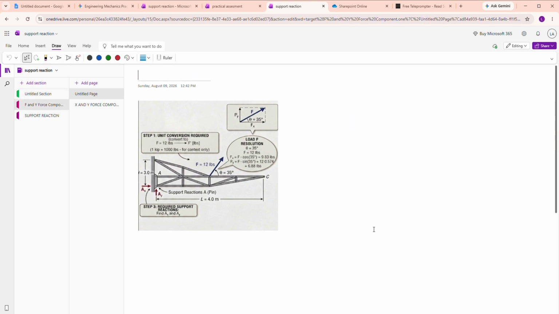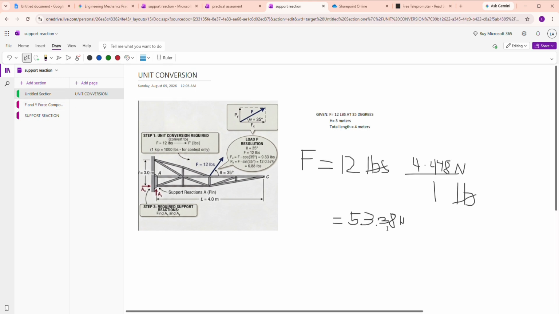Now, we resolve the load F into X and Y components. Because our converted force of 53.38 Newton acts at an inclined angle of 35 degrees, it affects both the horizontal and vertical axes simultaneously.